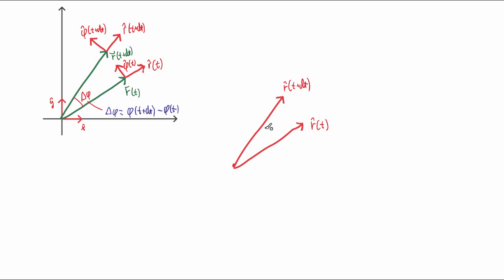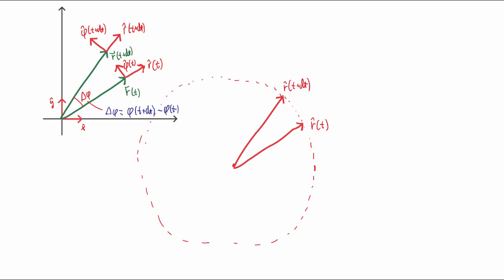It's not completely obvious here, but they are the same length. So therefore we can see this as being part of a circle. Both of them are hitting the radius of a circle, like that. This is supposed to be at the center of the circle. It doesn't really look like it. Well, you get the picture.